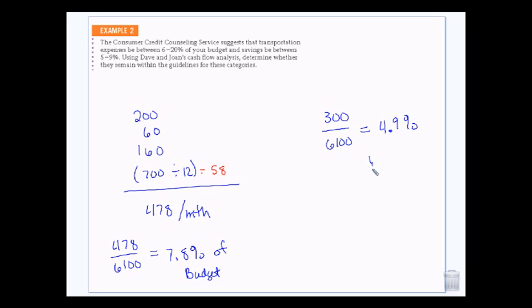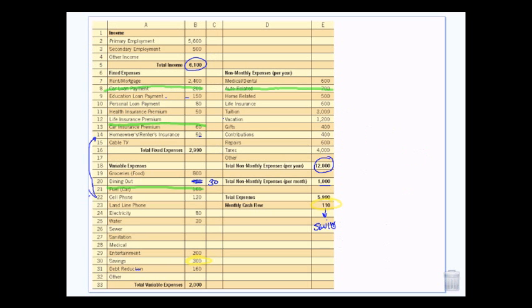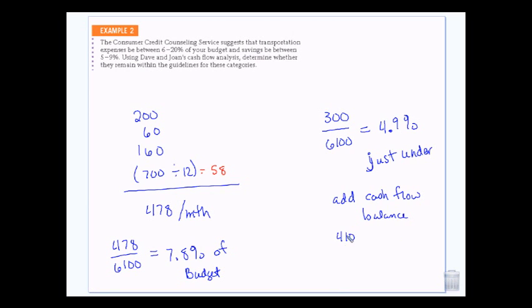So they're just under. But if they added their cash flow in, which was 110, that would give me 410, and I'd be good. I'd be at my target, the low end of the target, but still at target.